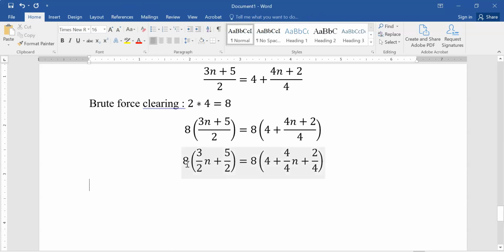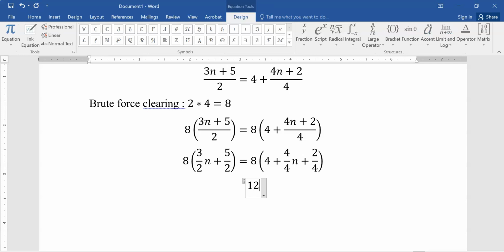Let's distribute 8 times 3 halves. Let me write that down. 8 times 3 halves. That is a 12. So we're going to end up with 12n plus 8 times 5 halves, I believe is 20. 8 times 4, 32. 8 times 4 over 4 is 8.